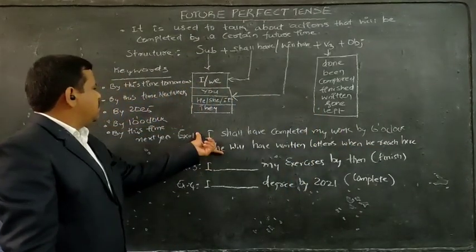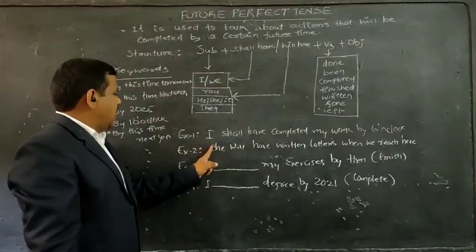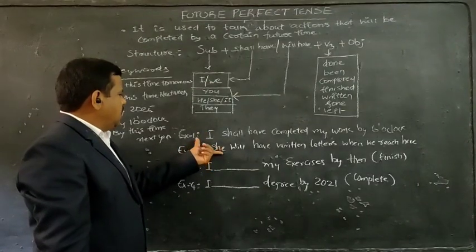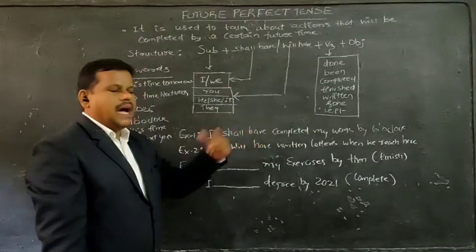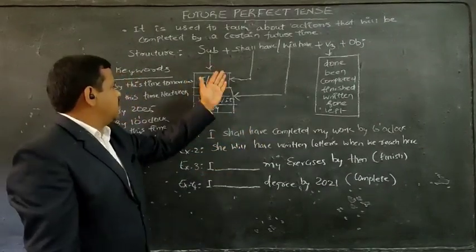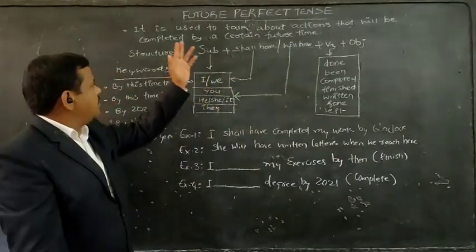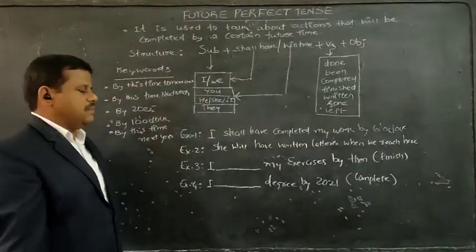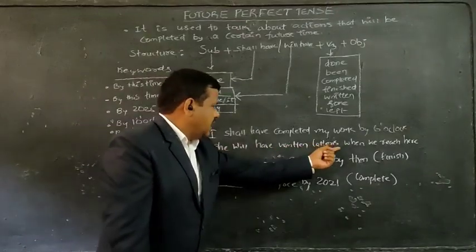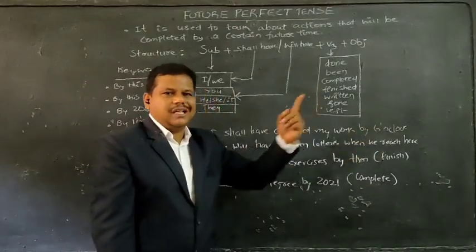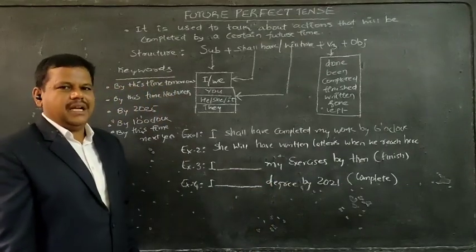From these 2 examples, we can understand that when I am using I, I use shall have, and for she, will have. Just now I explained when we should use shall have and will have in the future perfect tense. So she will have written letters when she reaches here. This is future perfect tense.